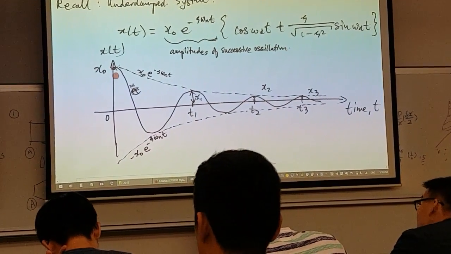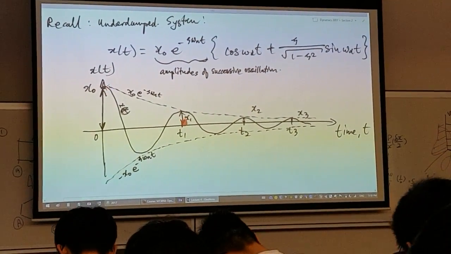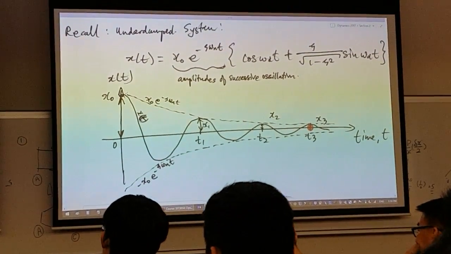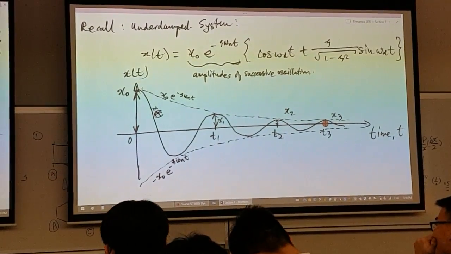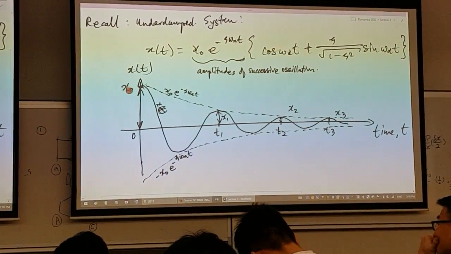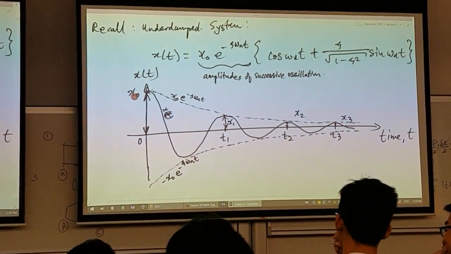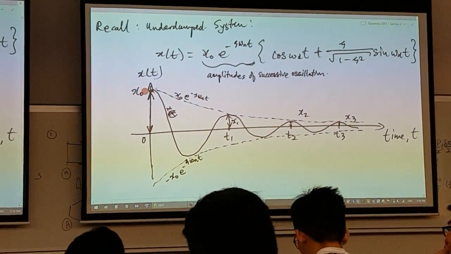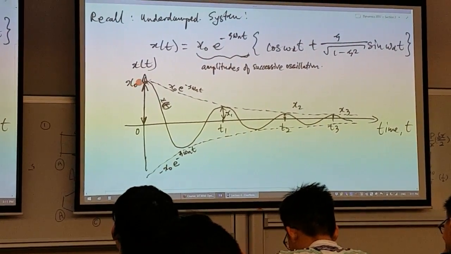So you can see successive oscillation, this first one over here, this one is x naught, second one x1, x2, x3. If you look at the set of notes that was provided to you, Glasgow labeled this as x1 from here. I prefer x naught so that it's consistent with your lab. Your lab is also x naught. So you can name it any convention, start from x naught or x1.